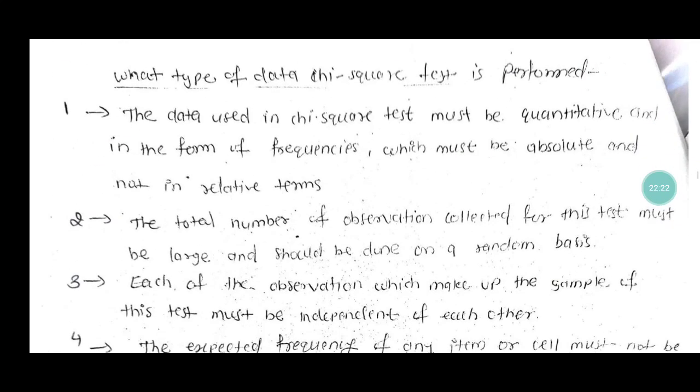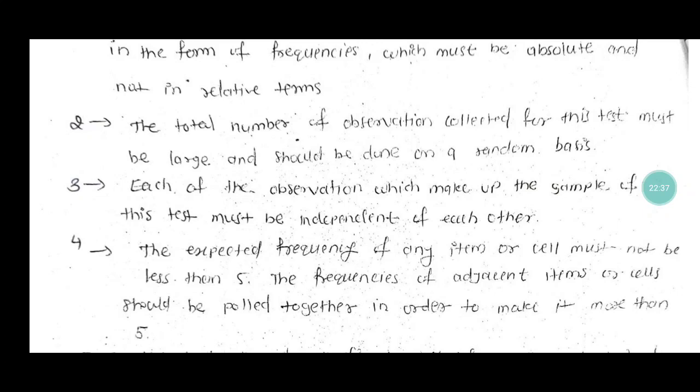And on what type of data is the chi-square test performed? The data used for the chi-square must be quantitative in the form of frequency, which must be absolute and not in terms of relative, and the total number of observations collected must be large and should not be on a random basis, where the observations make the sample.